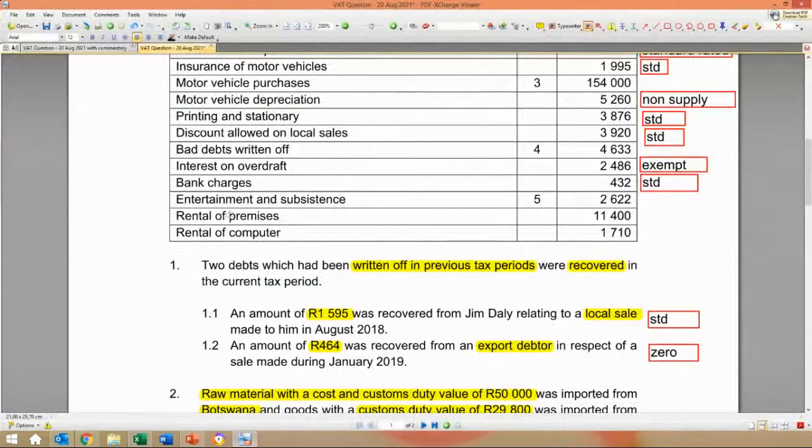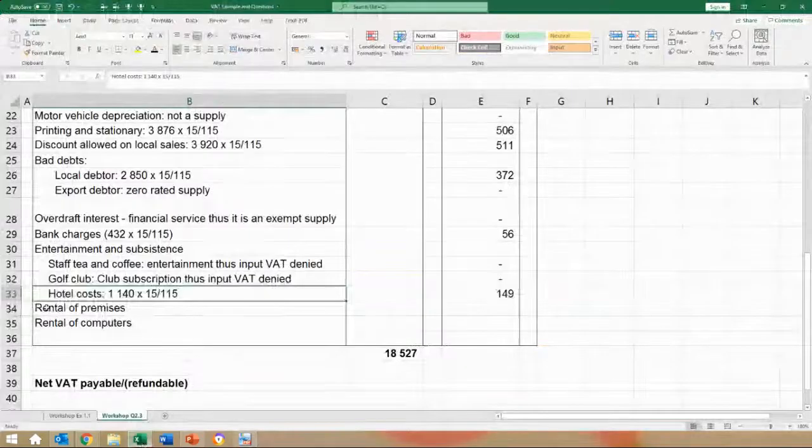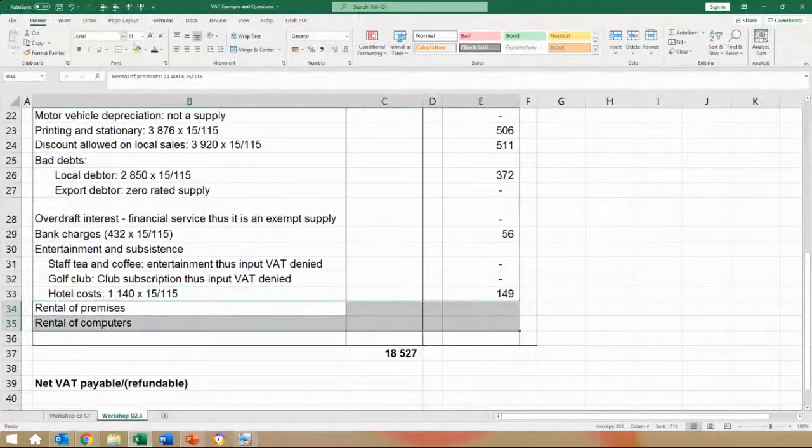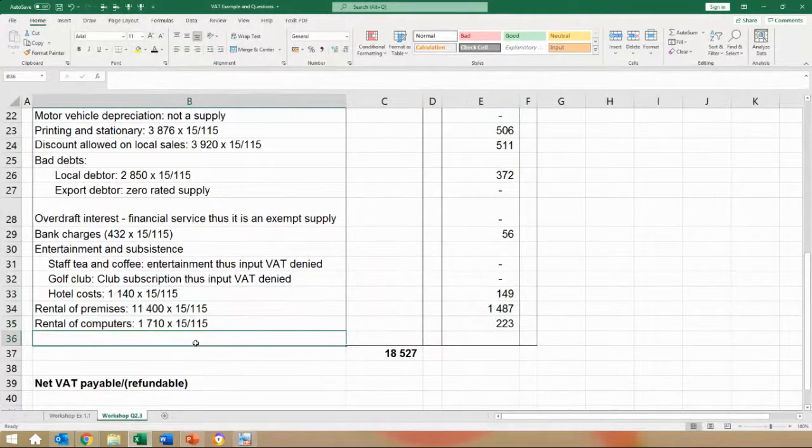So if we go back, we still have 2 items left over. It's the rental of the premises and the rental of our computers. Now, both of those supplies are standard rated because it is for business purposes and there's nothing that disallows it. So those would also be 15% over 115.